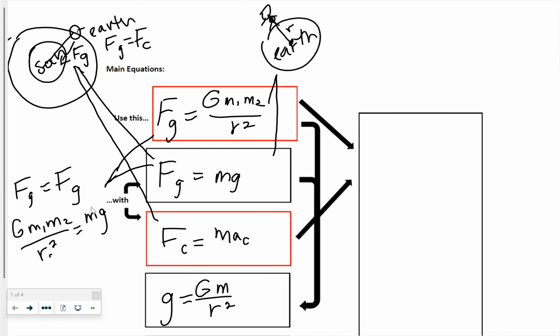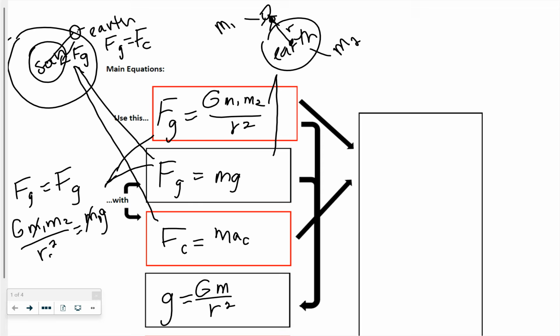So we have to determine what's the m1 and the m2. If I think about the force of gravity on an object, like me, I'm mass 1, that's the object standing, and then mass 2 is the central body. So on the left side of the equation, that's me and the earth that I'm standing on. But over here, the force that I'm feeling is the force on my mass times the acceleration of gravity.